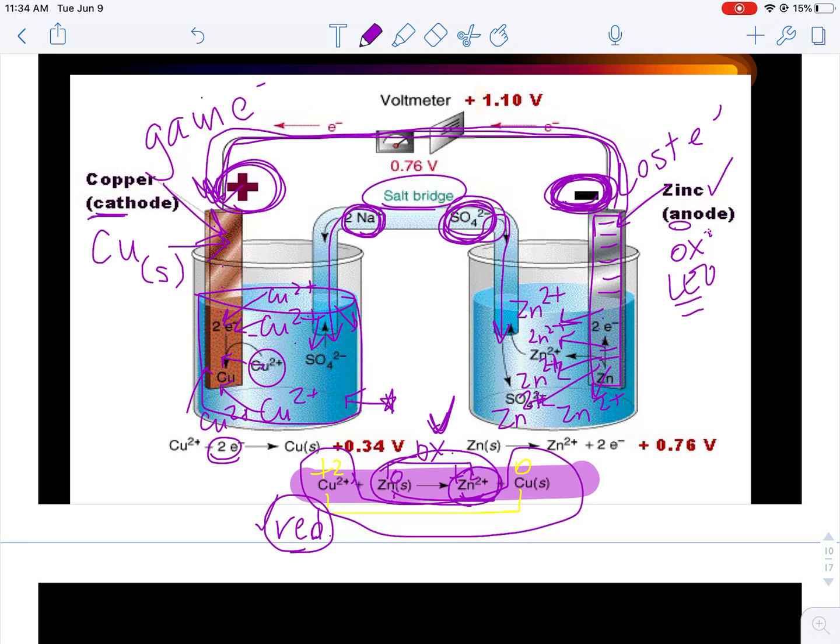And now they're going to wind up forming the element and plating onto this bar, right? Because that's where the solid is going to go. And that's how we harness this single replacement reaction, which we are now calling a redox reaction, to generate electricity.